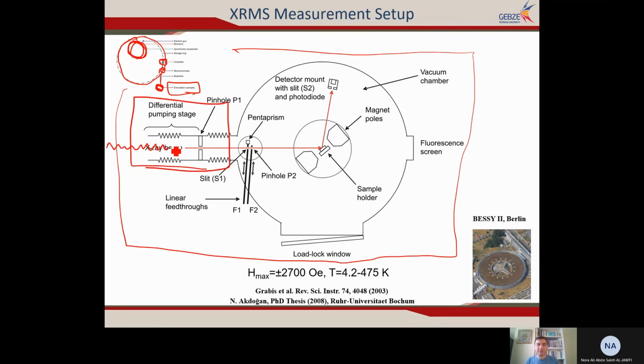X-rays come from the undulator and monochromator through the beamline and enter the experimental setup. In XRMS experiments, we are using the longitudinal MOKE geometry. Look at the incoming X-ray beam. It comes at a certain theta angle, is reflected from the surface, and goes to the detector located here.